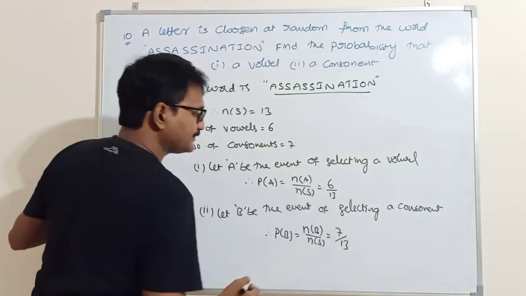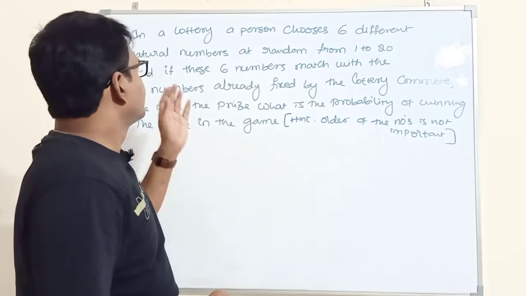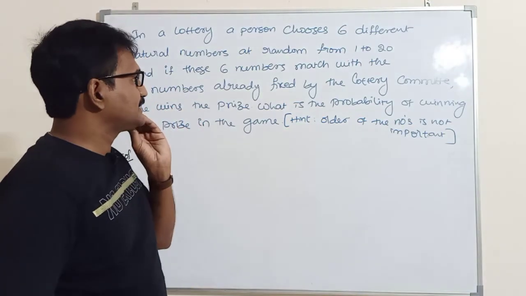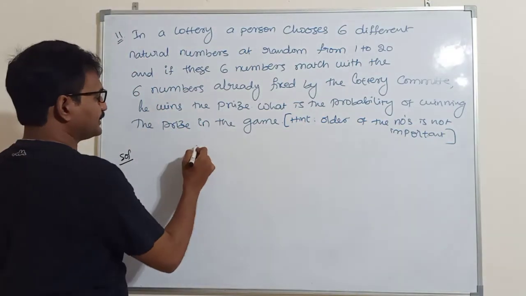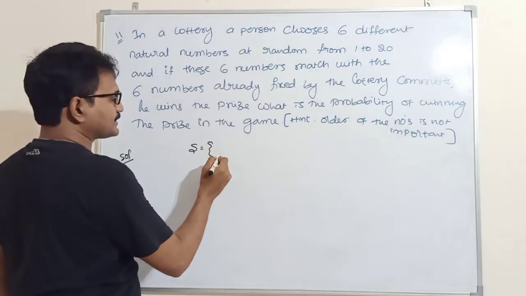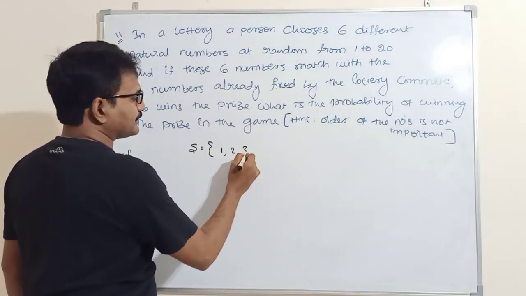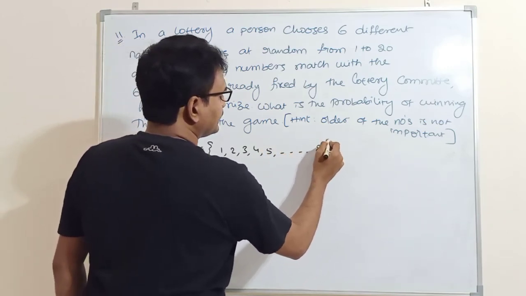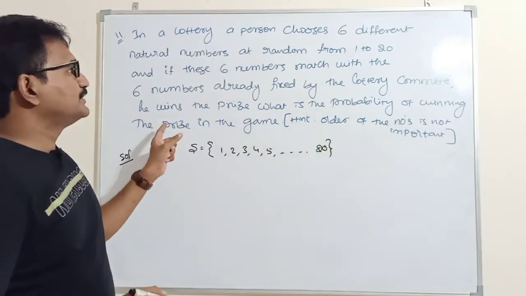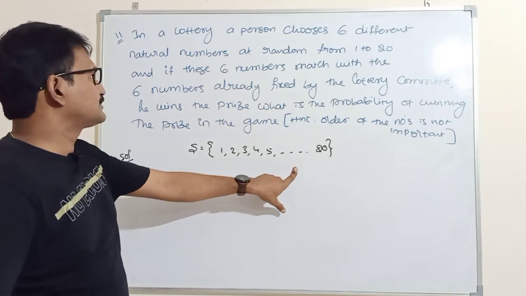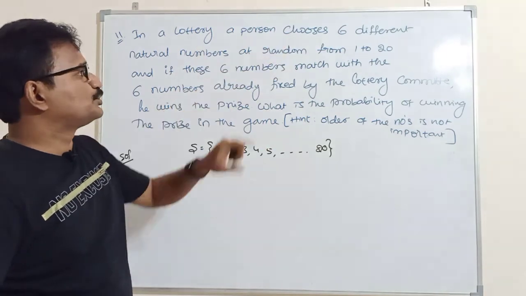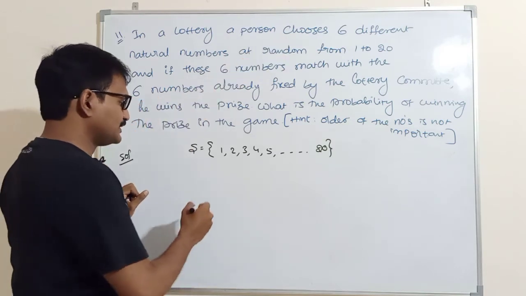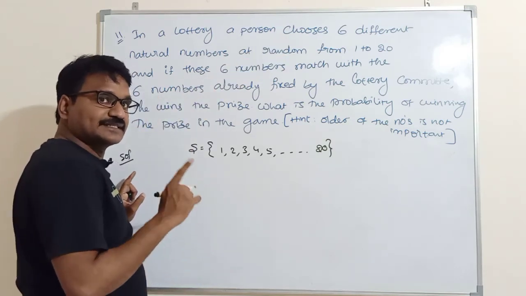In a lottery, a person chooses 6 different natural numbers at random from 1 to 20. So what is the given sample space? Natural numbers 1, 2, 3, 4, 5, and so on up to 20 are given. Out of these 20 natural numbers, we have to select 6 numbers.